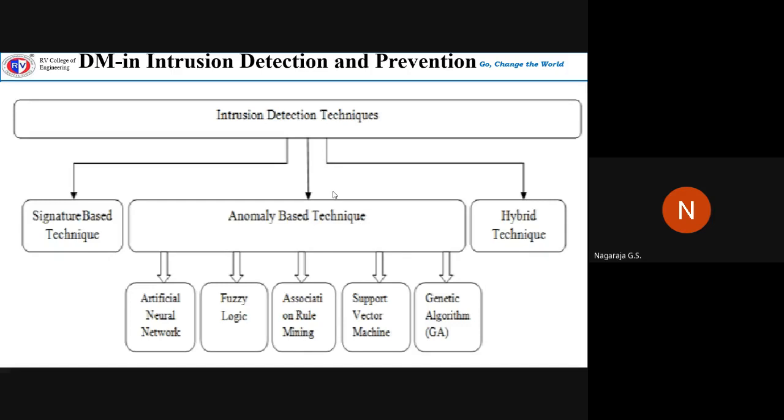Or even you can have a signature and anomaly and other filtering technique in it, and you can use any one of the techniques to showcase your results in an intrusion detection system.